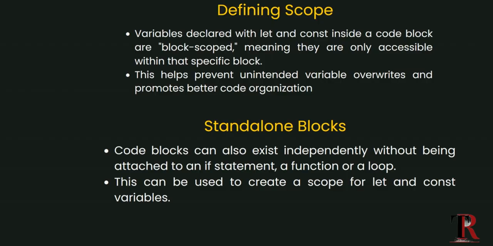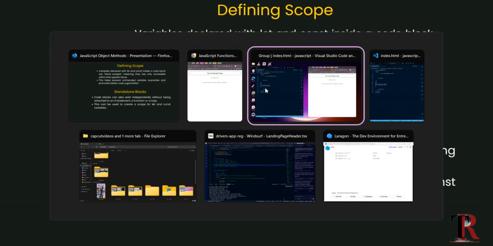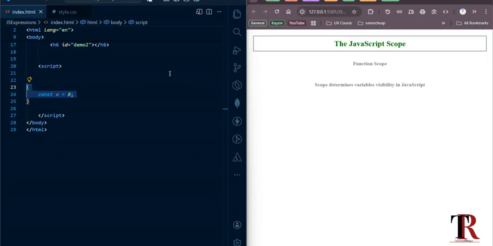But that does not necessarily mean a code block cannot exist independently without being attached to an if statement, a function, or a loop. This can be used to create a scope for let and const variables. To show that our code block can stand independently, let's quickly take a look at this example.